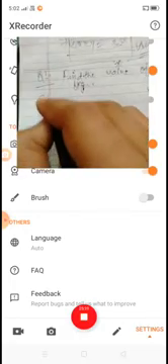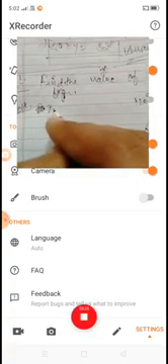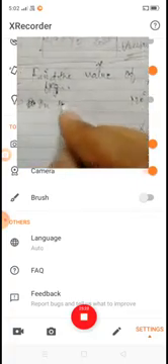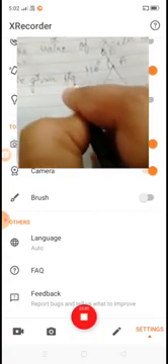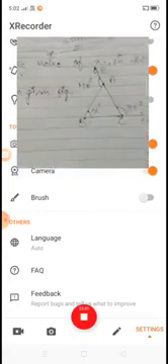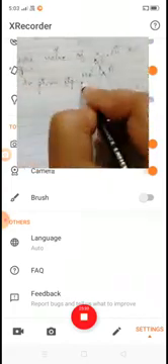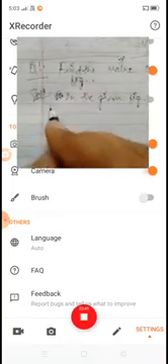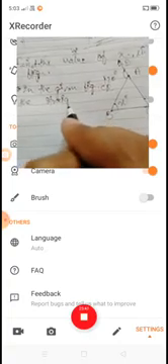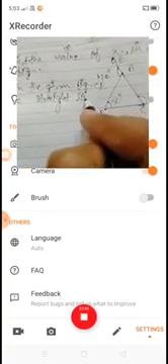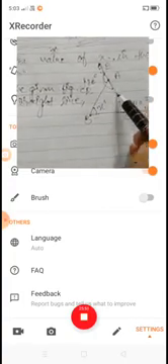In the given figure, CE is a straight line, and we know that the angle on a straight line is 180.